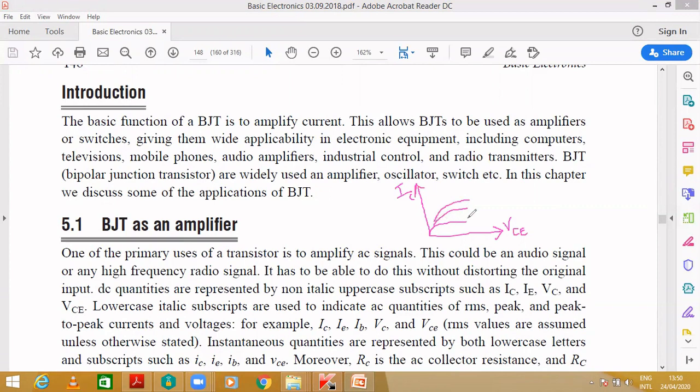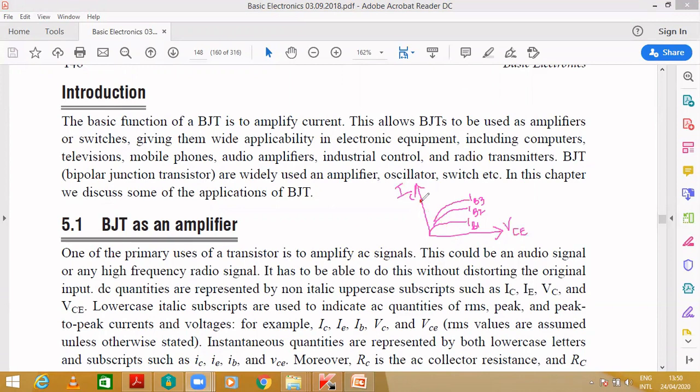This is for different values of base current, IB1, IB2, and IB3. And I'm drawing a DC load line over here from this point to this point.